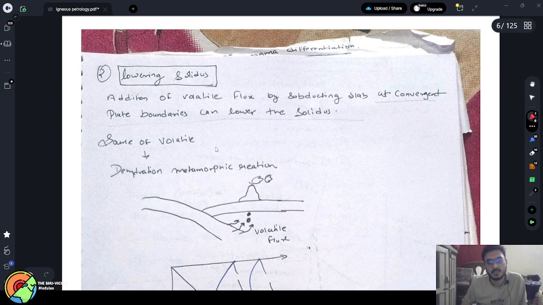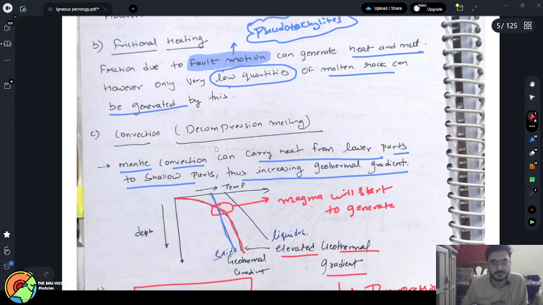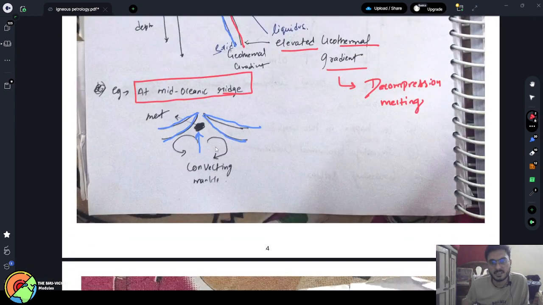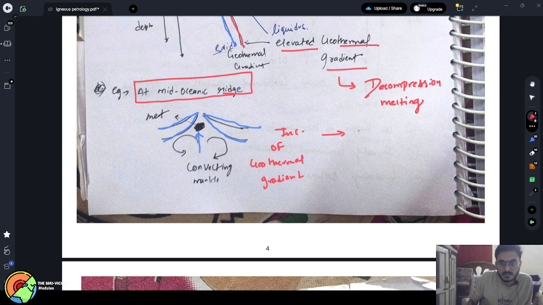So these are a few reasons for increasing the geothermal gradient. So how can we increase the geothermal gradient? First, we have seen if radioactive sources are present.